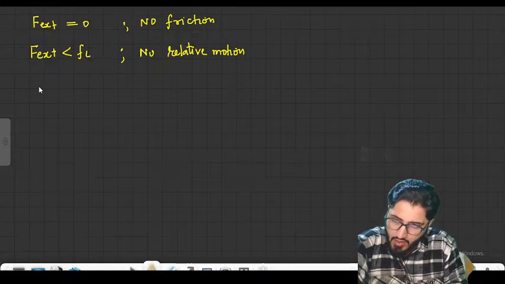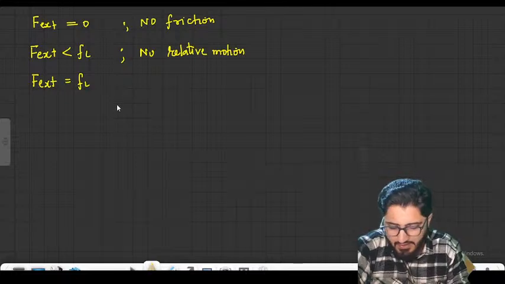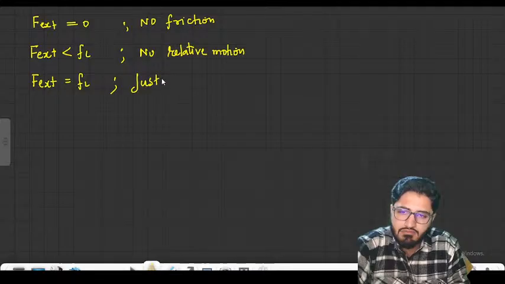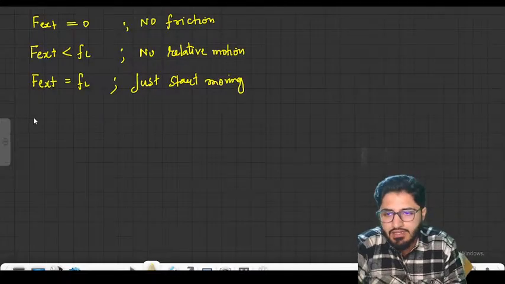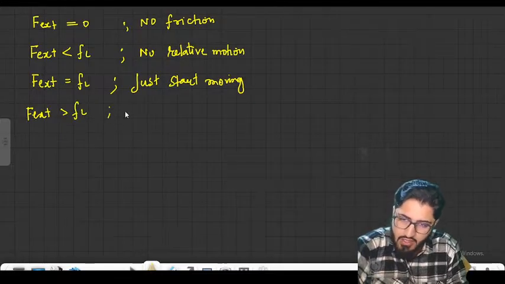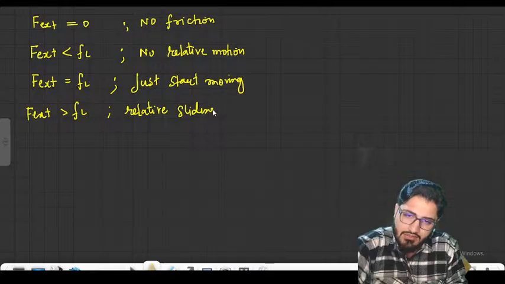Done? Now if you are applying an external force that is equal to the limiting friction, it just starts moving. It doesn't move at all, but it just starts moving. Then if my external force is more than limiting friction, relative sliding starts.